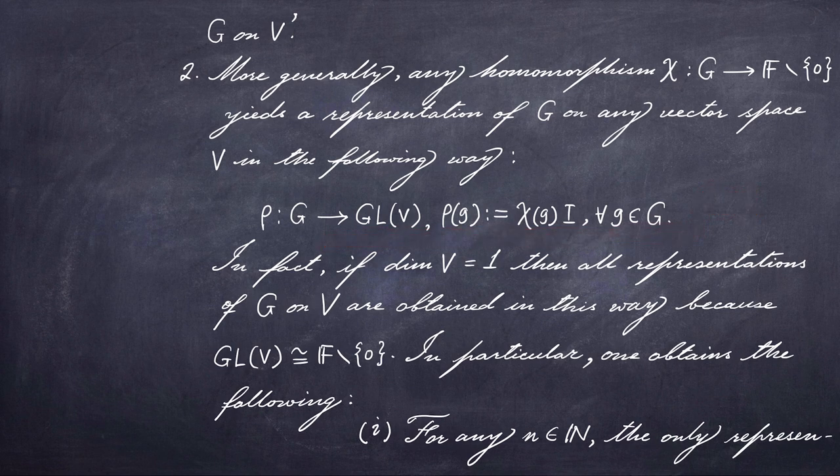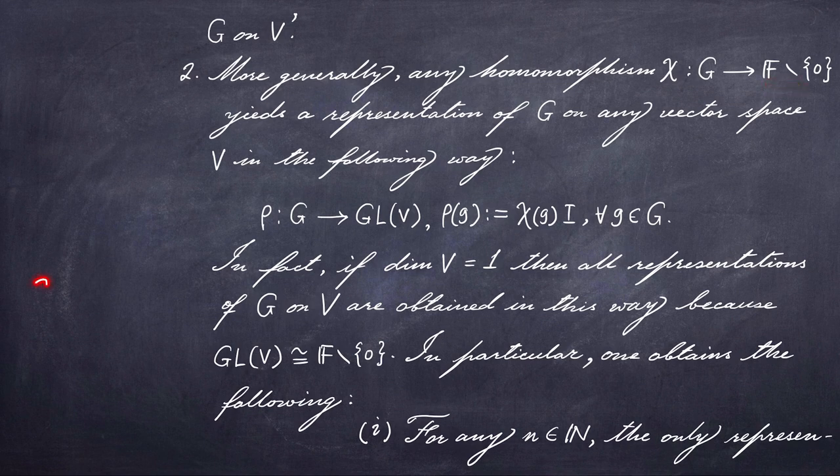In fact, if the dimension of V is 1, then any representation of G on V has to be given by some chi, which is a homomorphism from G to the multiplicative group of F.